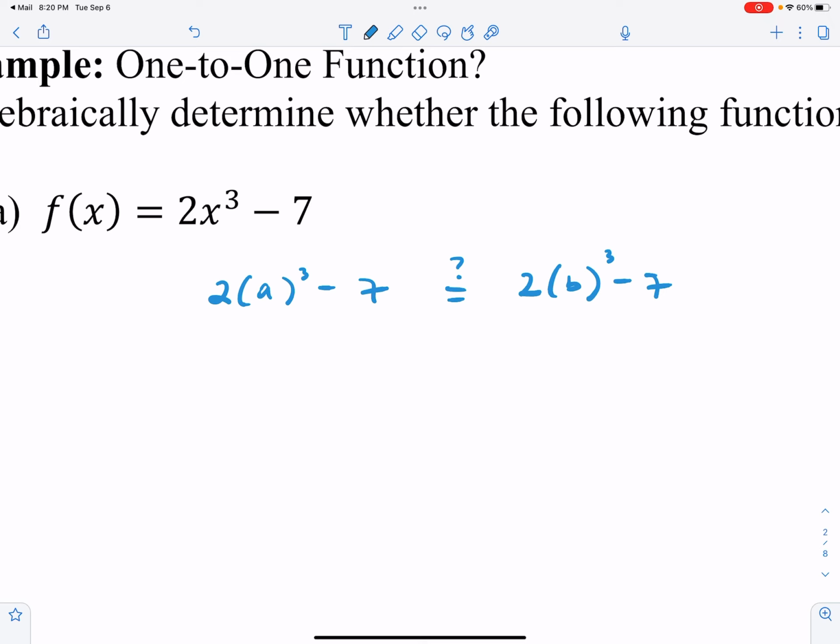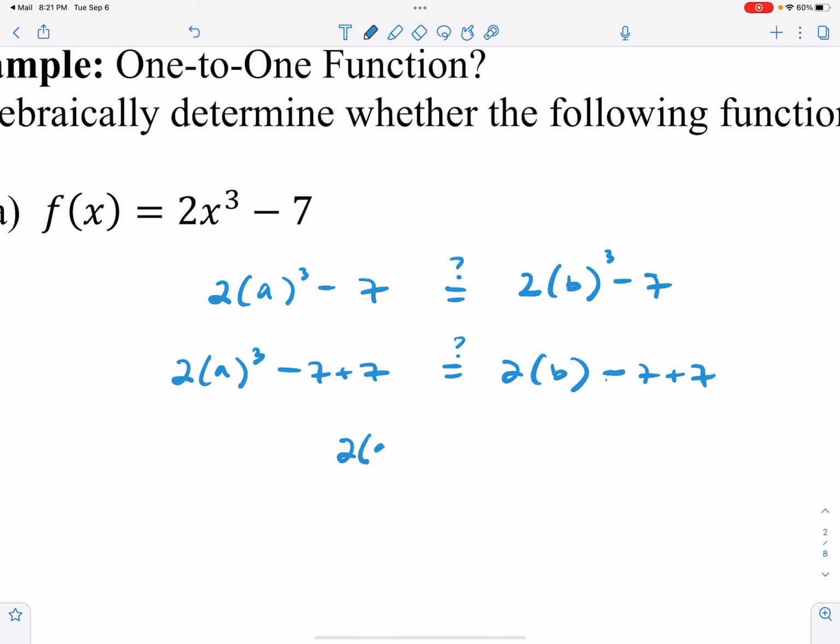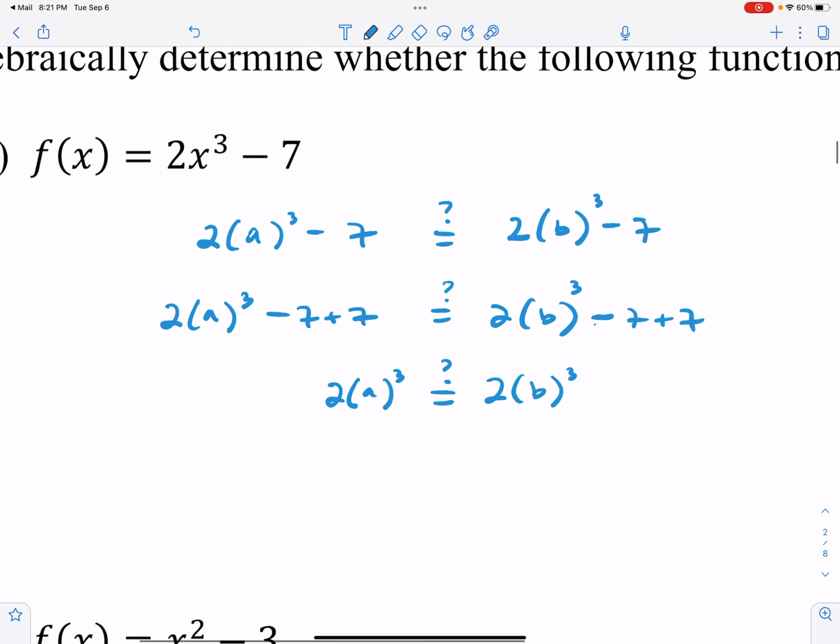I'm going to first think about adding 7 to both sides of this equation, using the addition property of equality. And then that leaves us with 2a cubed on the left side and 2b cubed on the right side.